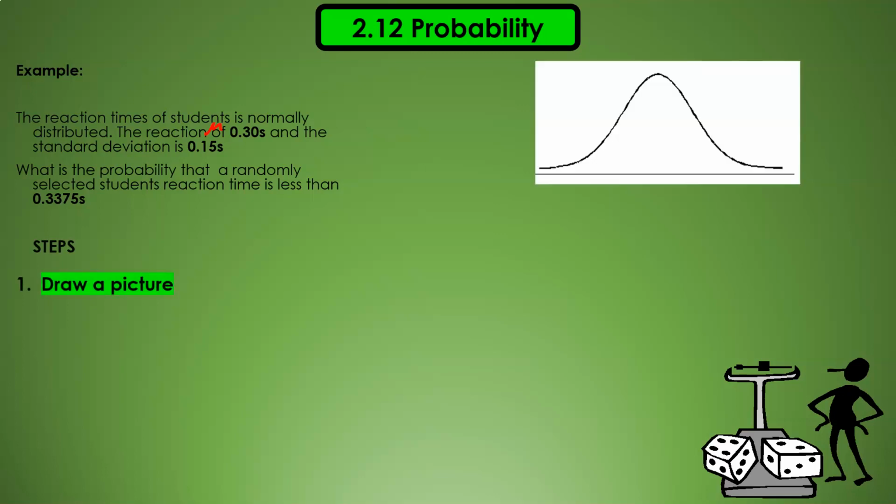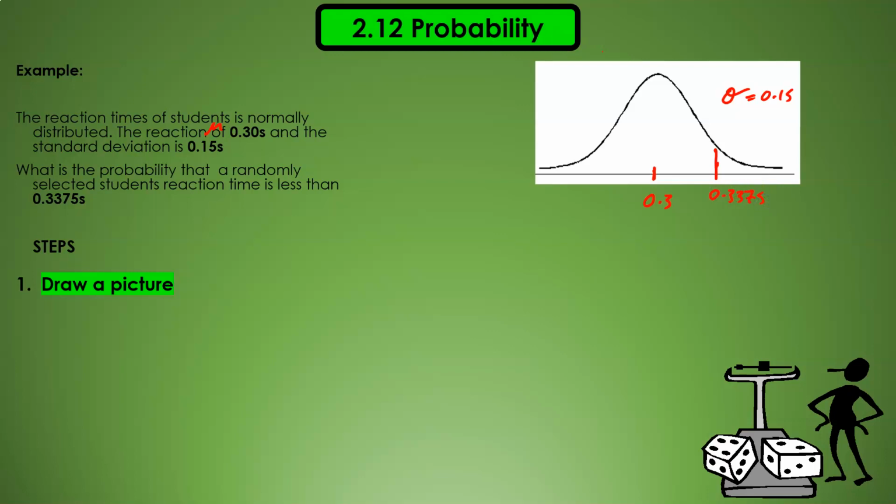First thing we need to do is draw a picture. So we've got our graph again. First we put in the mean, in this case 0.3, and the standard deviation is equal to 0.15. The next thing is our limit, which is 0.3375.